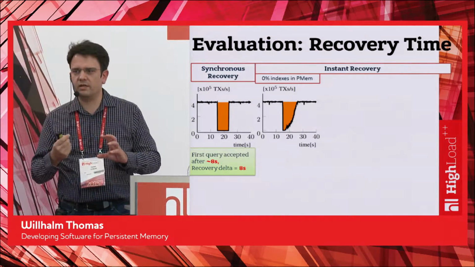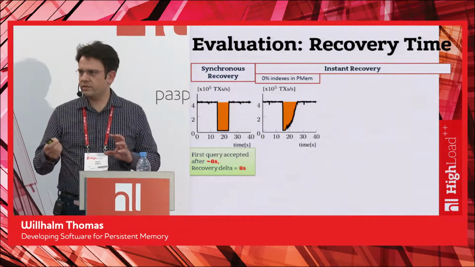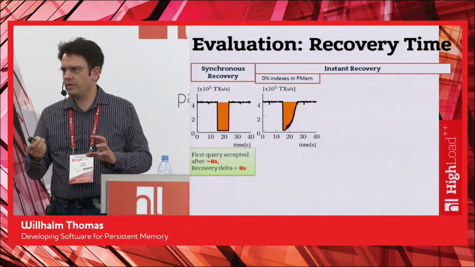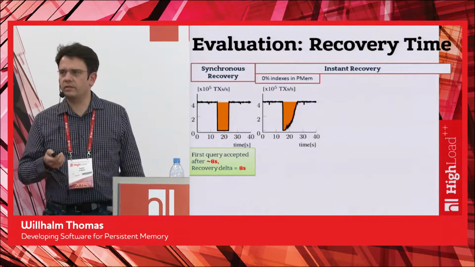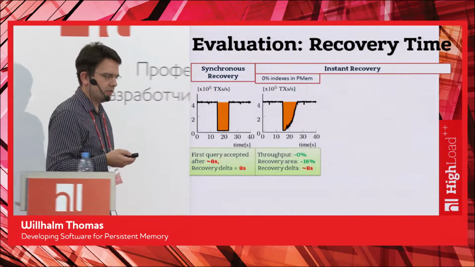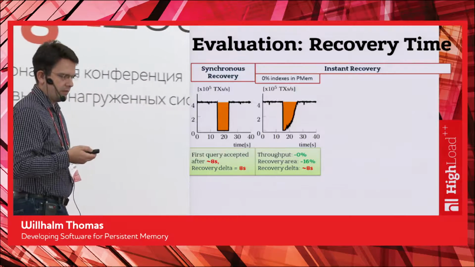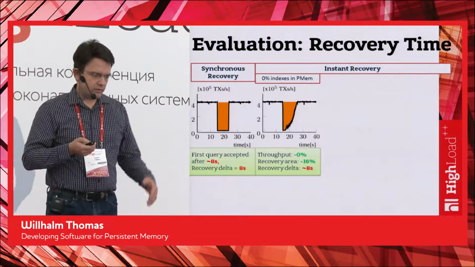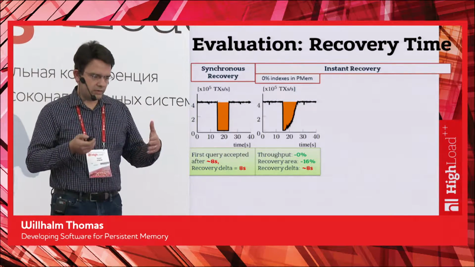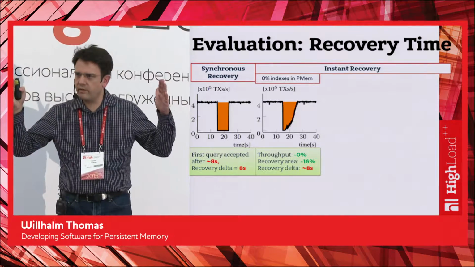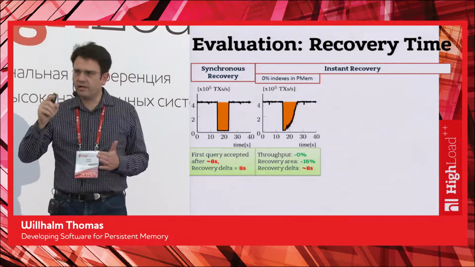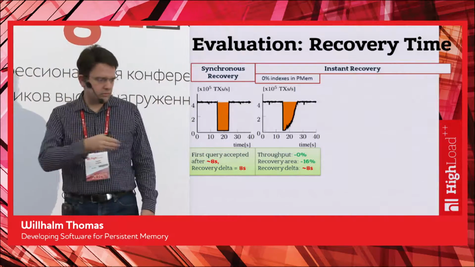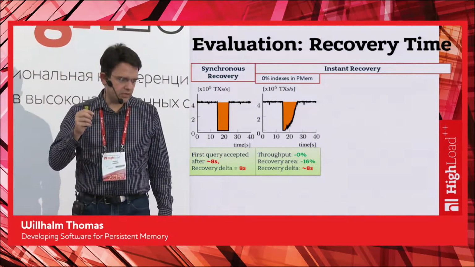That's what you see here. Right after restart, we can answer the first query, and then we have this ramp up time while the indices are rebuilt. Using this, the overall time until we are back to full speed is still 8 seconds, but this yellow or orange area is much smaller.